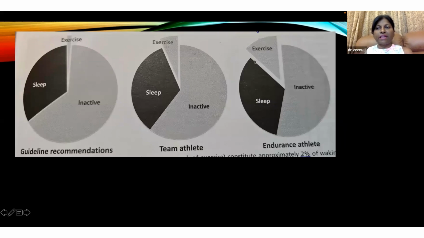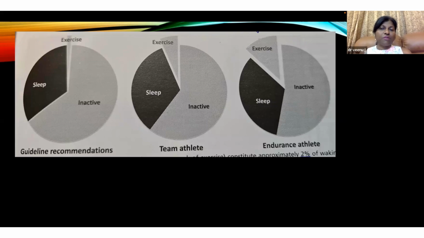But an endurance athlete, you can see in the third graph, who's actually spending quite a bit of the 24 hours, maybe 3 or 4 hours in activity. So normally what is recommended for us is, we know it is 150 minutes of activity per week is what is recommended. So at least 30 minutes of activity, 5 days a week is enough, is what is recommended by most of the associations.